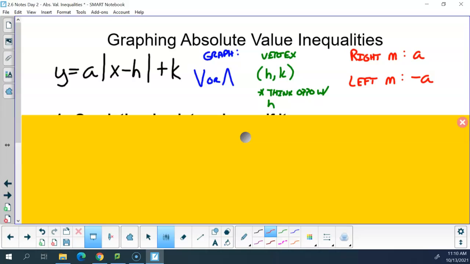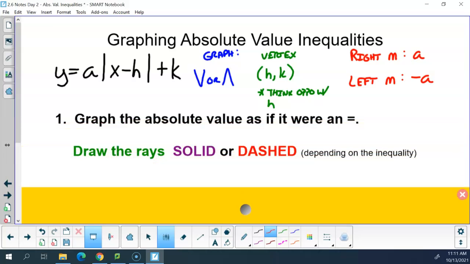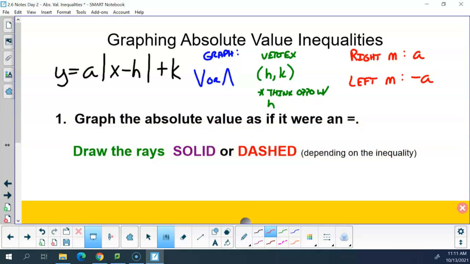So the first step then in graphing an absolute value inequality is we're going to graph that as if it were an equality using those steps that we just talked about from last week.